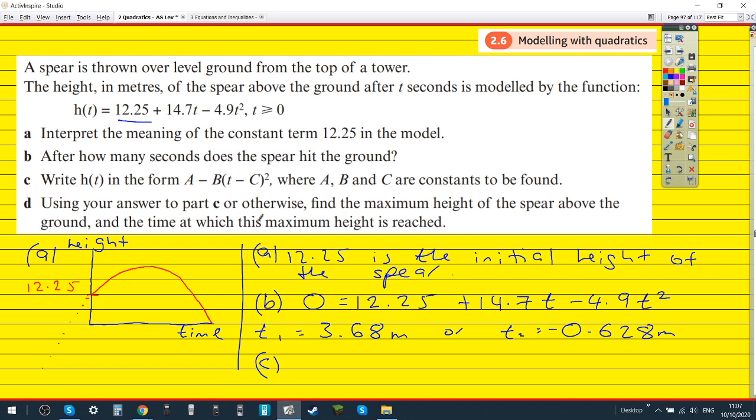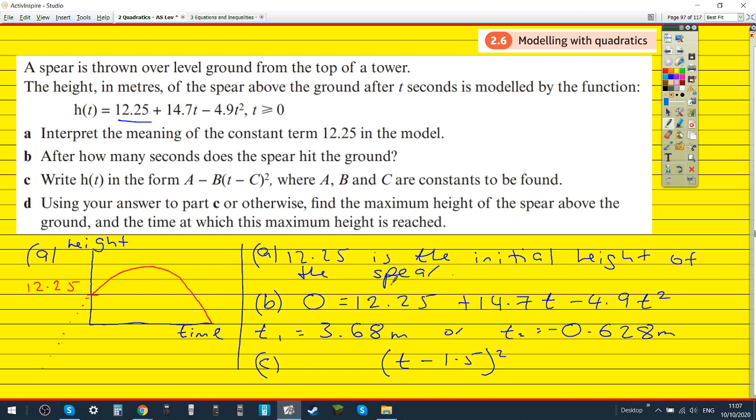When you put this into your calculator, see if you can get the maximum for it. The maximum is at time 1.5. So that's going to be t minus 1.5.